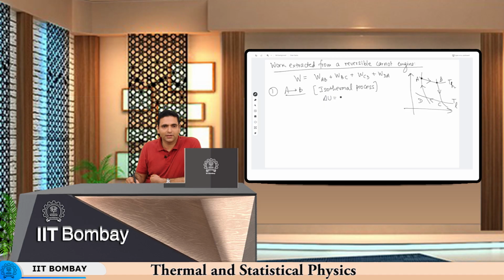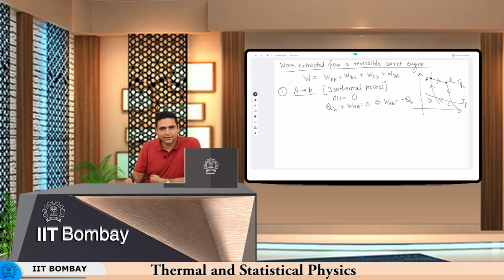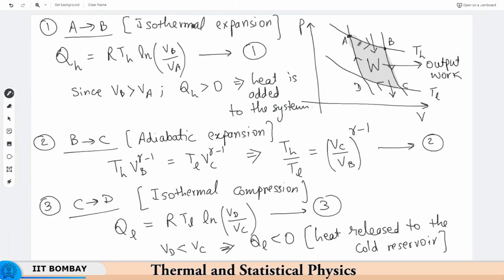So, therefore, the change in internal energy is 0, and therefore, from the first law I can write QH plus WAB equal to 0, which implies I can write my WAB as negative of QH. And the expression of QH we have already worked out, and this is given by equation 1 here.